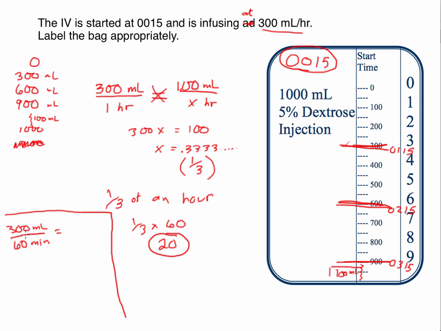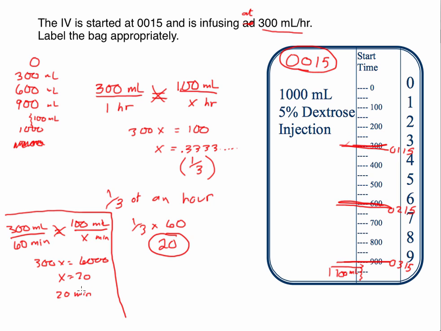When in fact we can just start knowing that there's 300 milliliters infusing every 60 minutes. We're infusing 100 milliliters. We want to know how many minutes is that. So just by changing that 1 hour into 60 minutes, you get 300x equal to, this is going to be 6,000, and you get x is equal to 20 for 20 minutes.